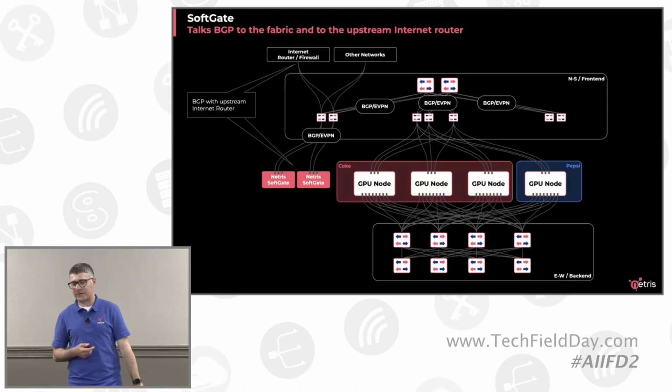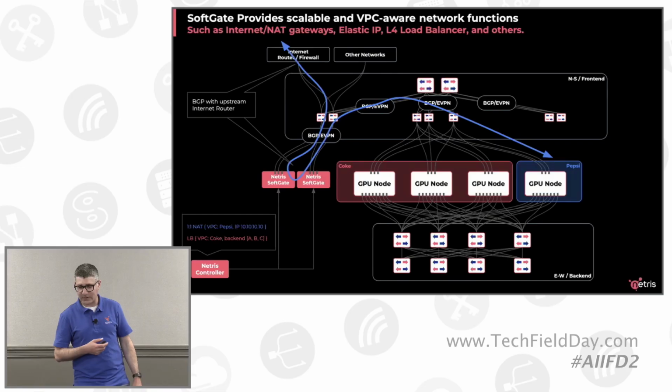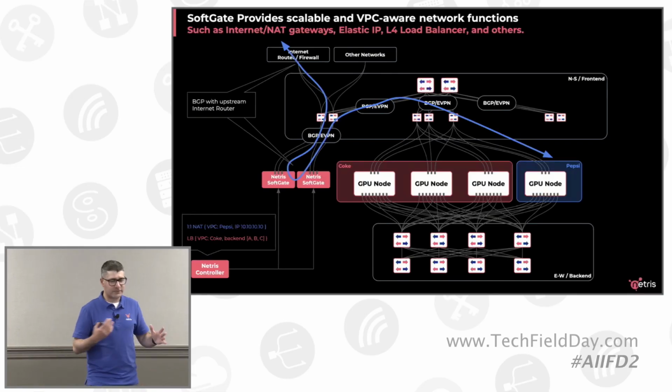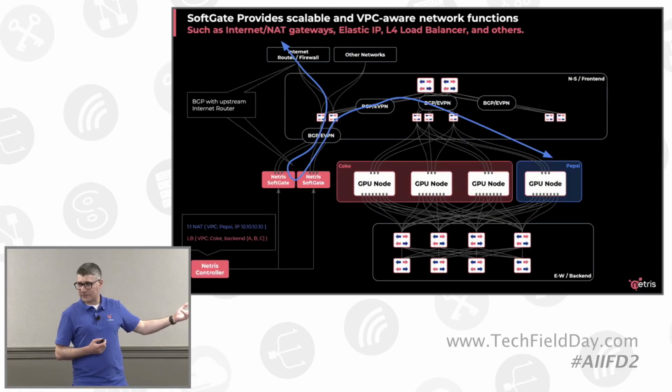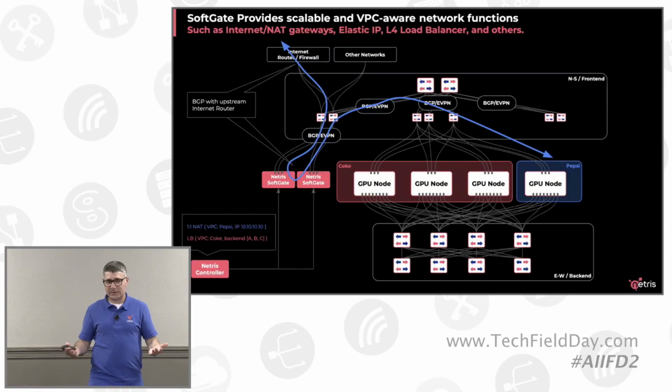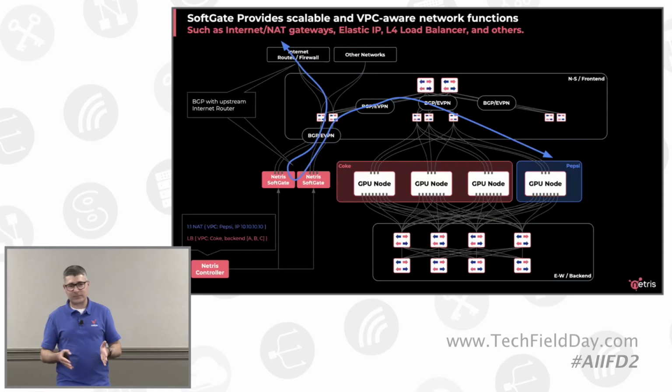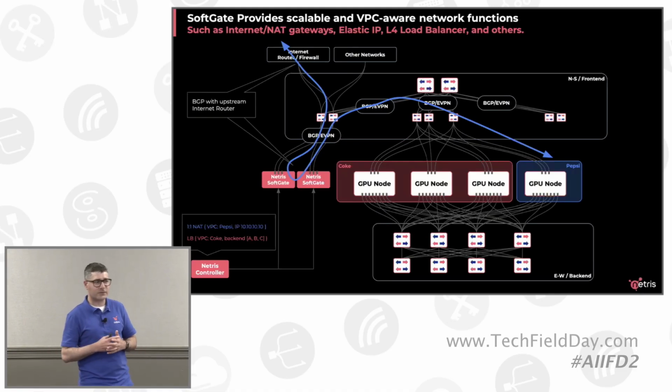So when a customer says, let's provide a load balancing service with SoftGate, first of all, how does SoftGate get connected to the internet itself? Typically you have your border switches and they have links connected to an upstream router or upstream internet provider. Now SoftGate forms BGP sessions with these upstream providers, which is very easy for network engineers to figure out how to organize.